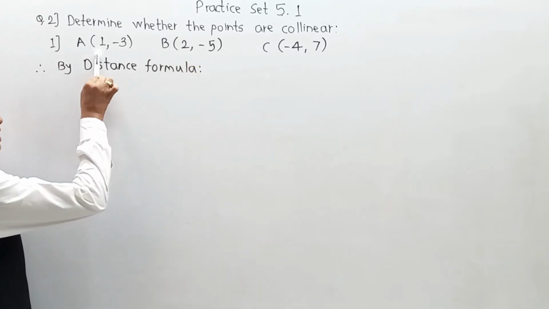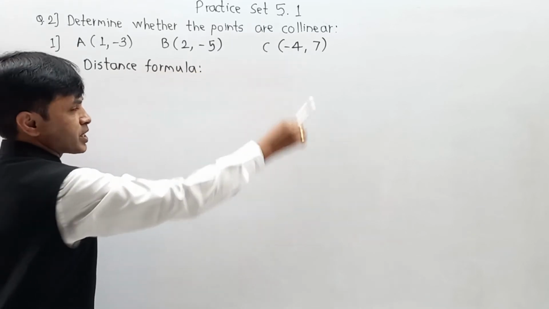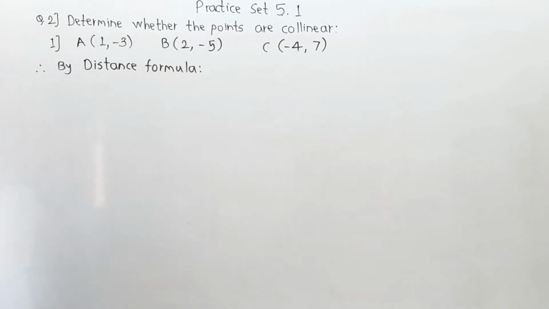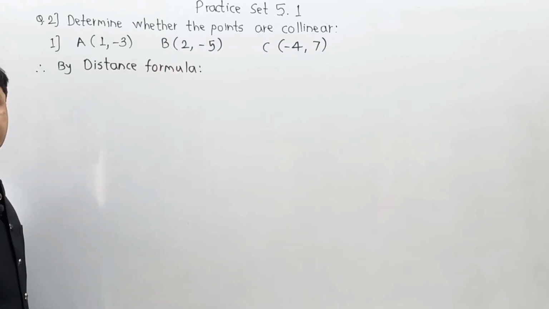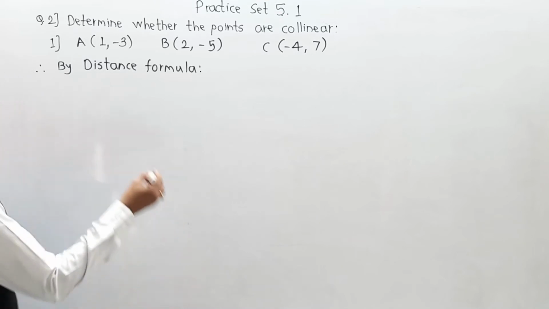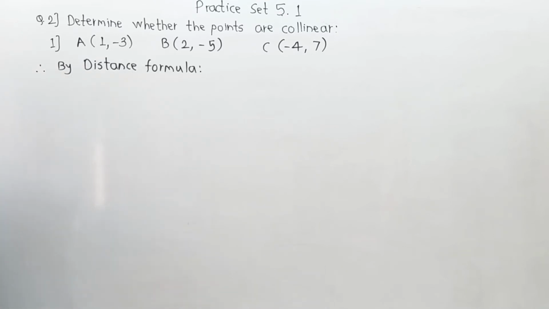Either you can indicate the points as (x1, y1), (x2, y2), (x3, y3), or every time you can keep the same approach, that is, the first point is (x1, y1), the second point is (x2, y2), and you directly apply the distance formula. Now we are quite familiar with the distance formula and practice, so we are going to directly use it.